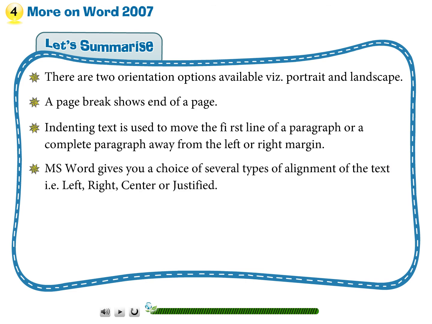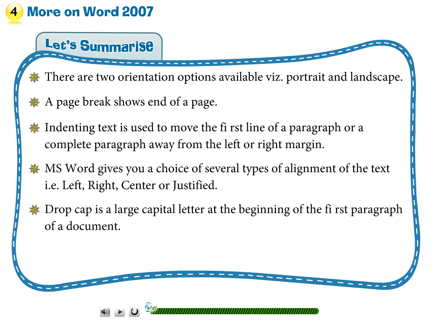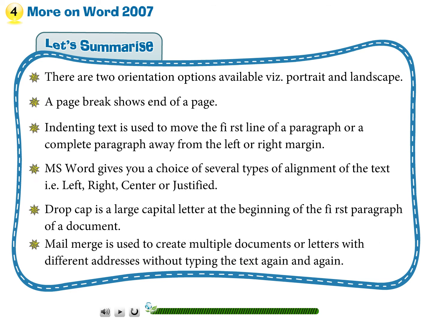MS Word gives you a choice of several types of alignment of the text, that is, left, right, center, or justified. Drop cap is a large capital letter at the beginning of the first paragraph of a document. Mail merge is used to create multiple documents or letters with different addresses without typing the text again and again.